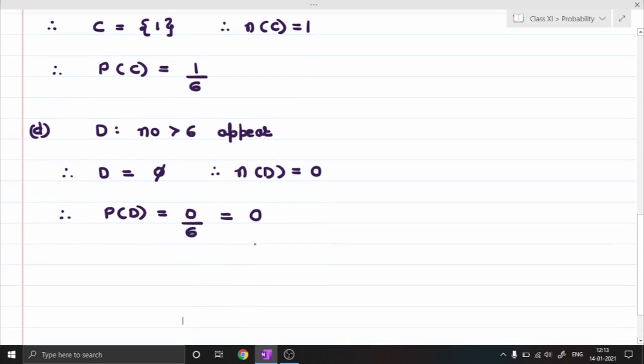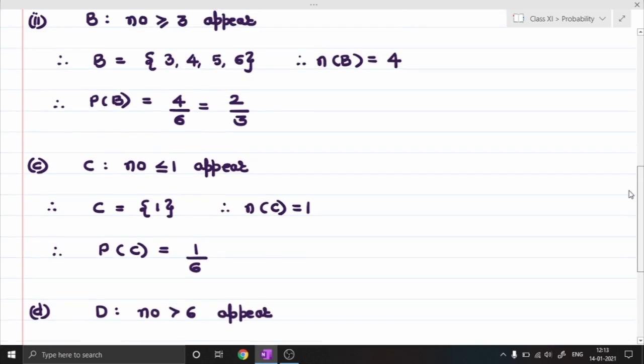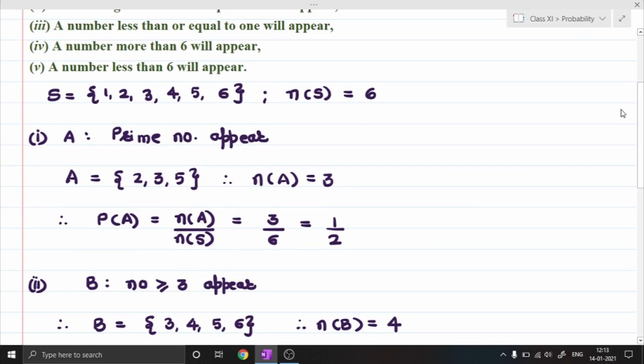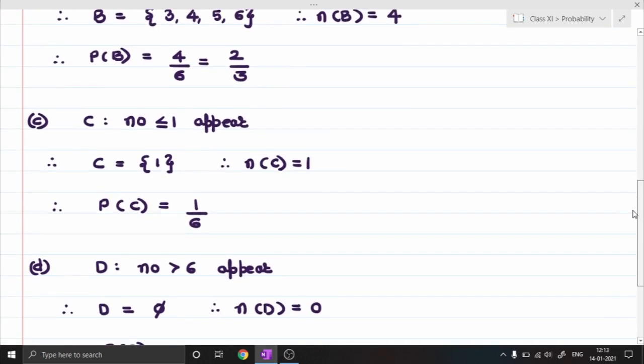In a similar way, for part E, they are saying the number should be less than 6. Once we check, they are saying less than 6, not less than or equal to 6, because that would create one additional element. They said only a number less than 6 will appear. How many numbers are less than 6?